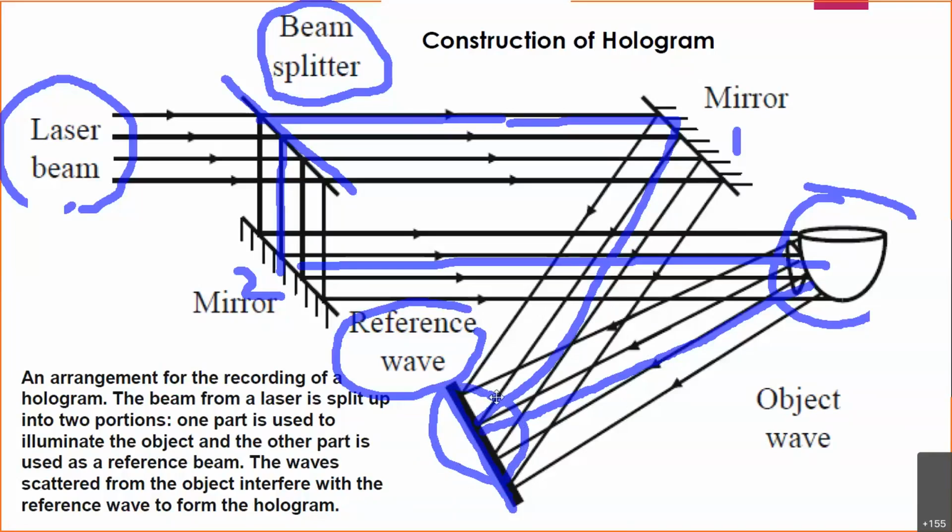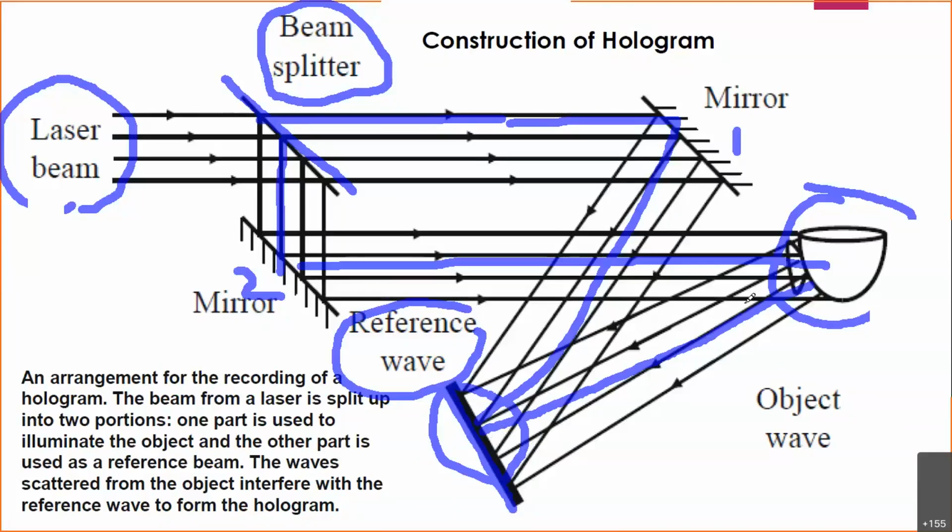That means you will record it with full clarity. But if there is a slight mismatch in the arrival time of the object wave and the reference wave, it will of course still create an interference pattern at this plate, but the clarity in the image may not be there.